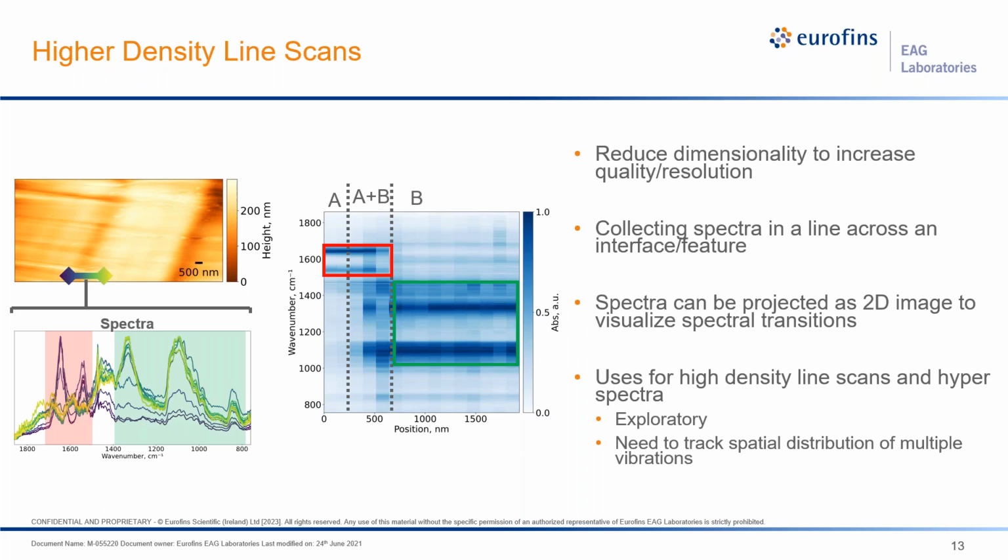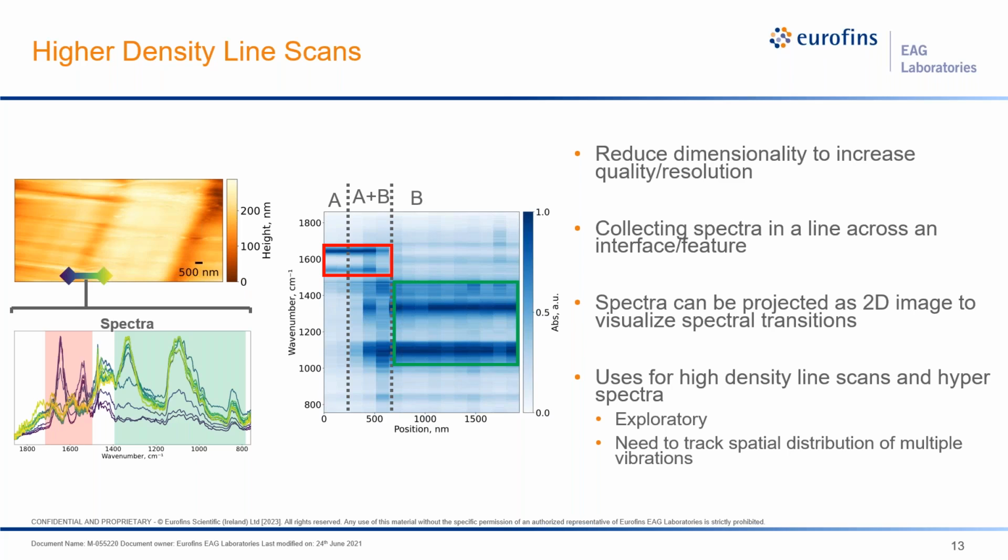But in essence, what you might want to use these types of high density line scans or hyperspectra for is if you're doing multivariate analyses where you need to look at many peaks at the same time. If you're just doing exploratory analyses where you essentially don't know what you're looking for, sometimes it's a good idea to just collect a huge array of data and then find out what the trends are across your sample and then go back and either re-image it or recollect spectra with higher resolution.